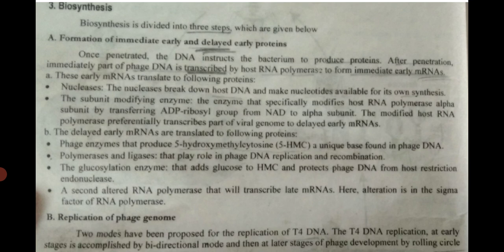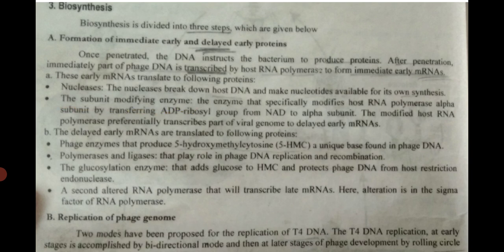After penetration, immediately part of the phage DNA is transcribed by the host RNA polymerase to form immediate early mRNA, and this immediate early mRNA gets translated into two kinds of protein or enzymes. One is nucleases and the other is a subunit modifying enzyme.